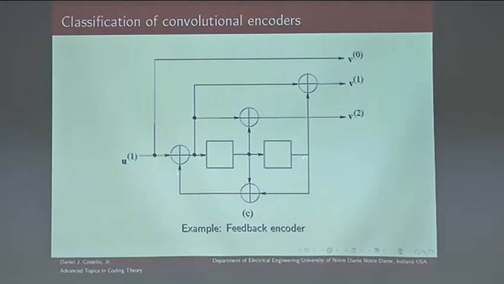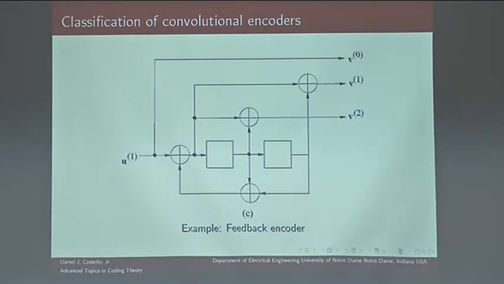And the denominator polynomial, using the same approach, is 1 plus d squared. And then this output sequence is, again, a rational function, with 1 plus d in the numerator and 1 plus d squared in the denominator.